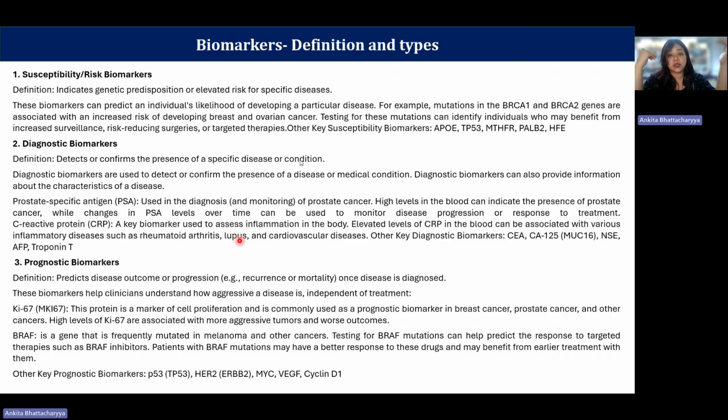As a result, if a certain mutation or a certain alteration is present, then it can predispose that individual to that particular disease. So testing for these mutations can identify those individuals who might benefit from increased surveillance, from risk reducing surgeries, or from targeted therapies. If you test these individuals, early diagnosis will be feasible, and accordingly, prognosis can be carried out.